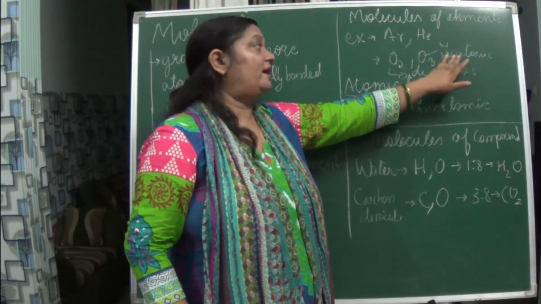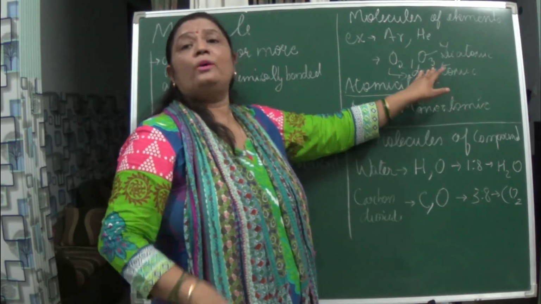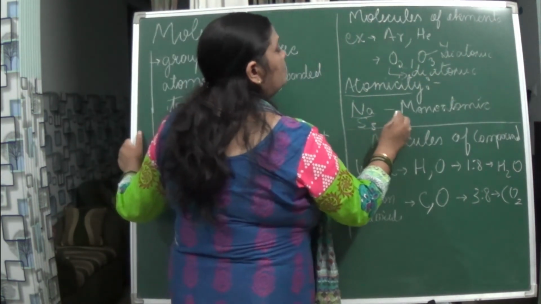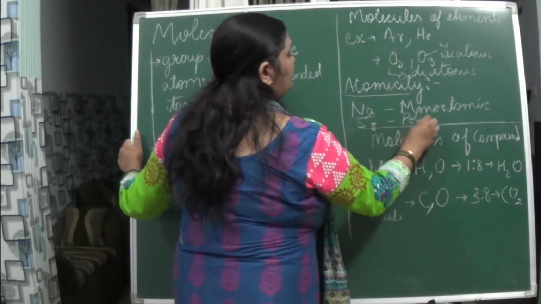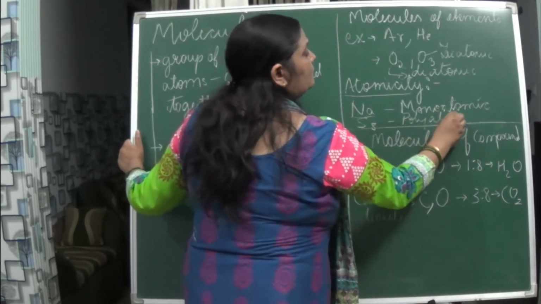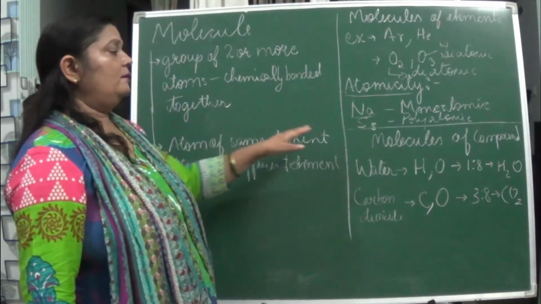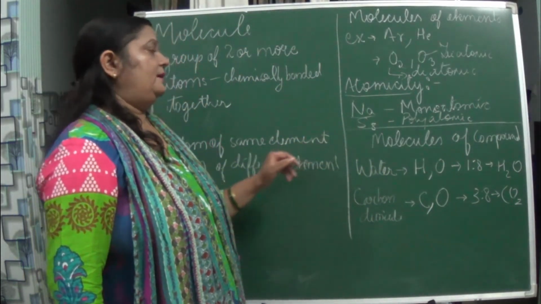O3 is triatomic because 3 is present, okay. If I say S8, you can write polyatomic. So more than 3 you can write as polyatomic in nature, okay.